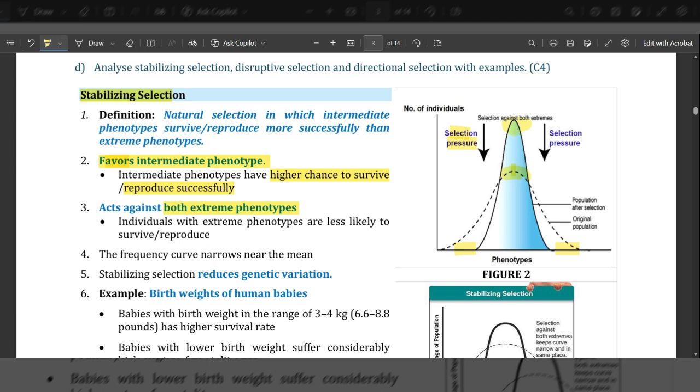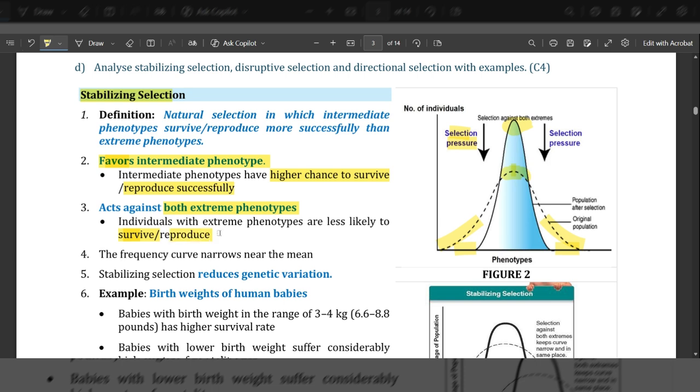While for those with non-favorable phenotypes, you can see that they are less favorable. So the chance for them to survive will be low. When they are unable to survive, can they undergo reproduction? The answer is also very low.